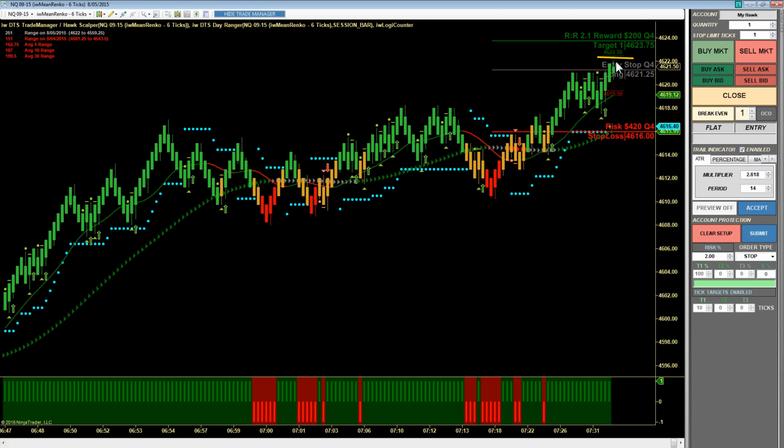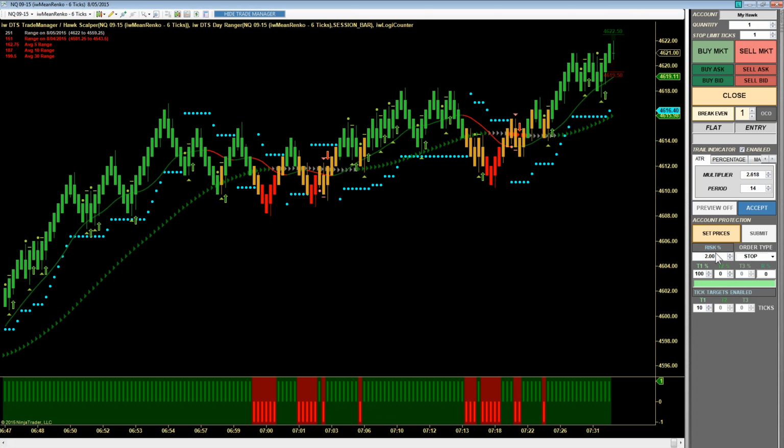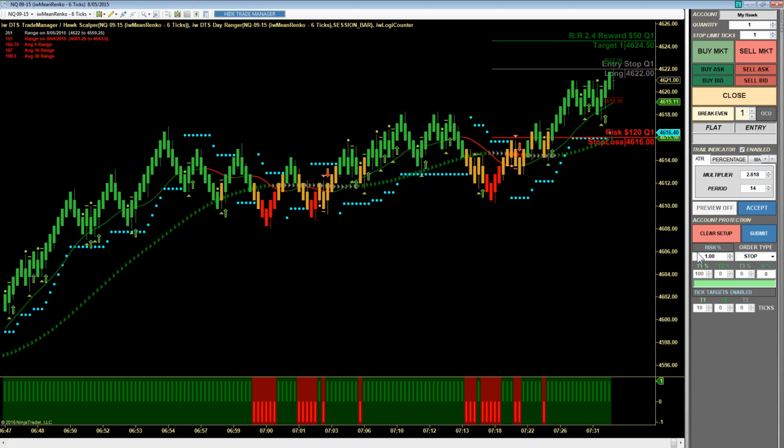Now, occasionally the market is such that you're not comfortable jumping into the deep end with your full amount. So what you can do is you can dial down the risk amount. So let's say the market's not looking right to you, there's too many yellow bars, whatever, you can enter like this, and now I'm only risking 1% of my trading capital.